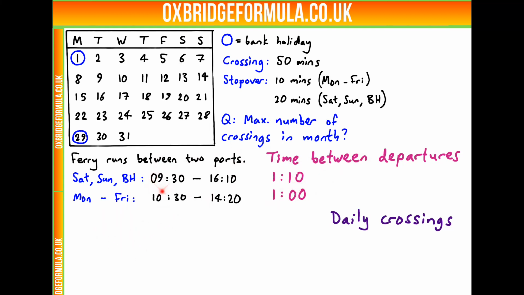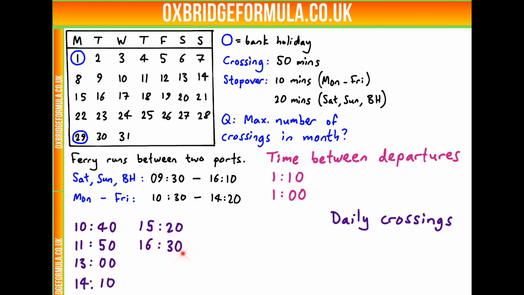So after our first journey will be 1 hour and 10 minutes later at 10:40, plus 1 hour and 10 minutes is 11:50, 1 o'clock, 2:10, 3:20, then 4:30. But we've overshot here slightly. But let's just stop and think about how many runs we could get between the ports in this day. So we know these each correspond to 1 run, 1 crossing.